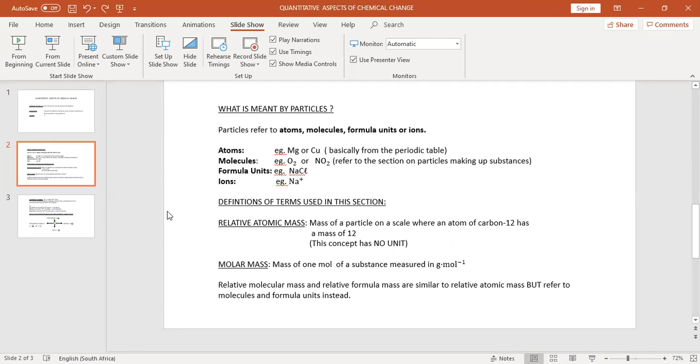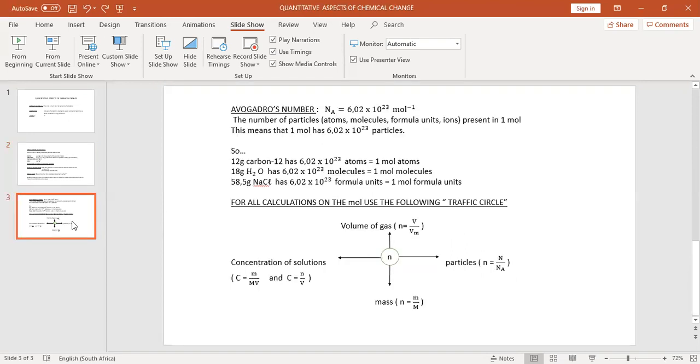Now moving to slide 3. I hope you're coping. This idea of Avogadro number, very, very useful. It's a person's name, and Na is Avogadro number. What does it mean? It says in 1 mole, you will have 6,02 times 10 to the 23 particles per mole.